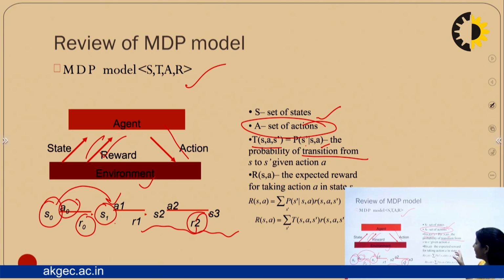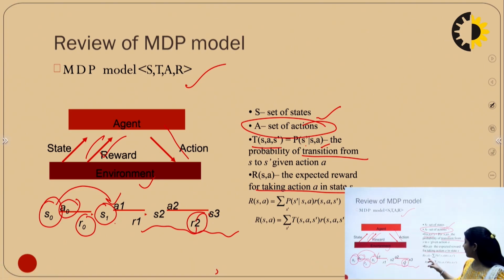And next is R. R is the expected reward for taking action A in the state. So R will be defined as the probability of transition times the probability of this reward. We will understand how to compute it. This is the formula for how we compute the reward.